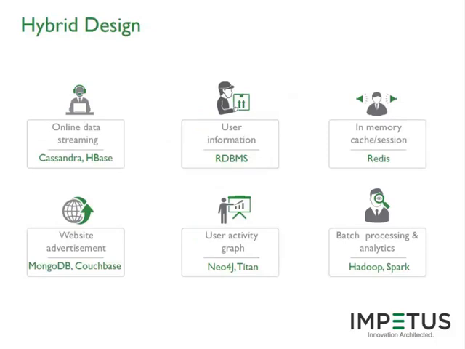To solve this problem, the Impetus Labs team developed an open source initiative called Kundera, which supports all of these data stores. It can be thought of as a one-stop solution for all the technical challenges which we have just discussed. To summarize, we are talking about multiple use cases within a use case. Obviously, that comes with multiple challenges.